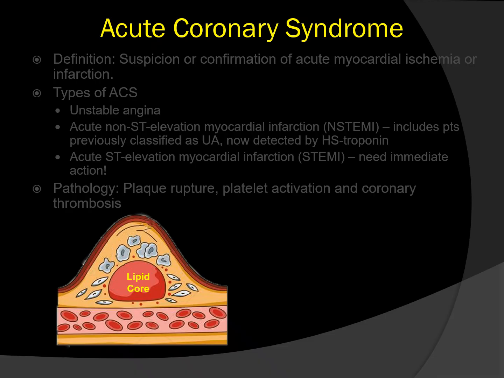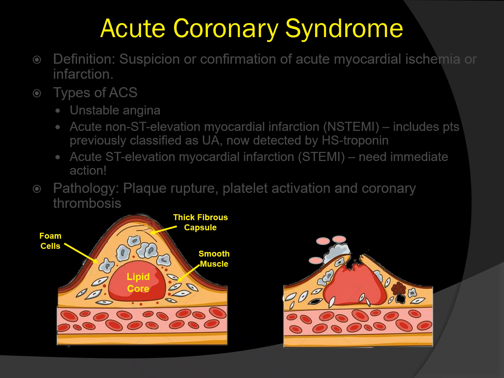Note the large lipid core in the middle of the lesion. There is infiltration of foam cells and smooth muscle cells. This leads to a thickening of the fibrous capsule that has developed as a consequence of the atheromatous vascular damage. As the disease reaches a critical point, there is platelet aggregation and thrombus formation.